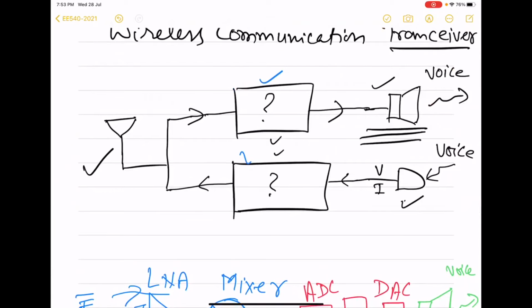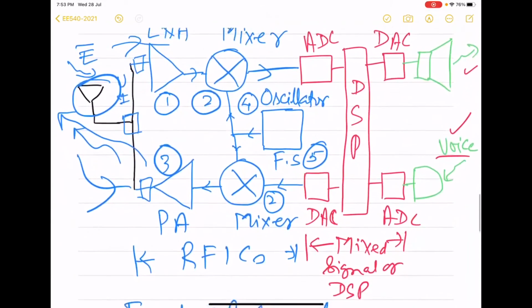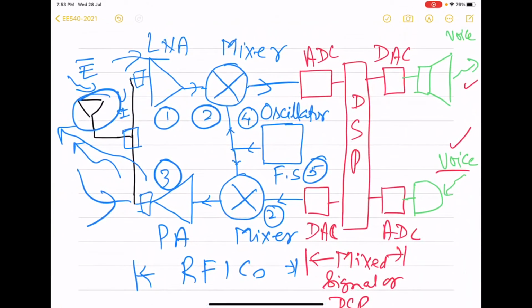We need to put certain circuitry. So here we have mixers both in transmitter path and in the receiver path. So key goal of this mixer is to what is called frequency translate the incoming signal before it is fed to antenna.